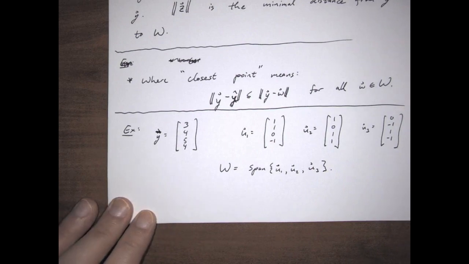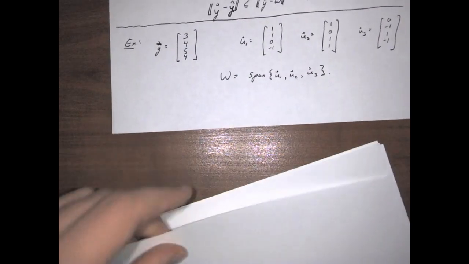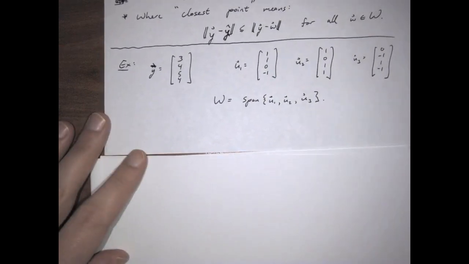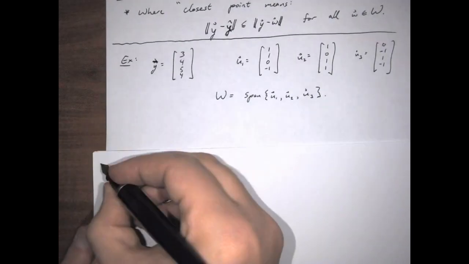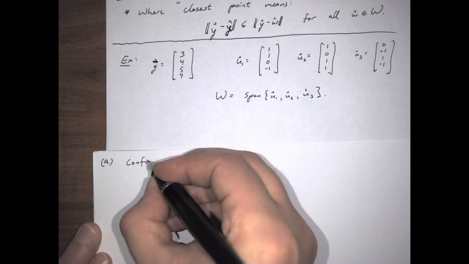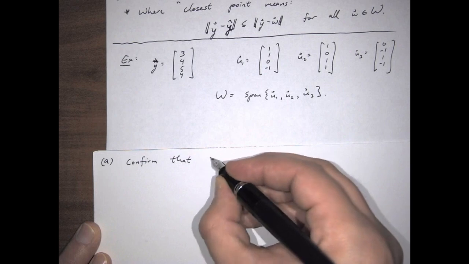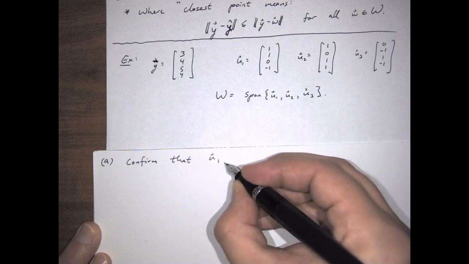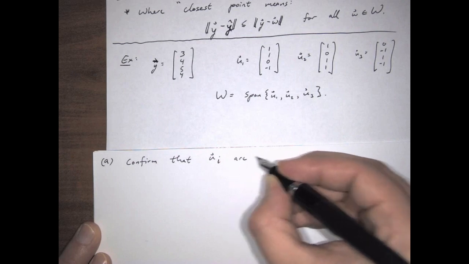So first off, let's confirm that we are in the setup that we are promised at the beginning of this section, namely that this is not just a basis for W, but an orthogonal basis. So A: confirm that the ui are orthogonal.